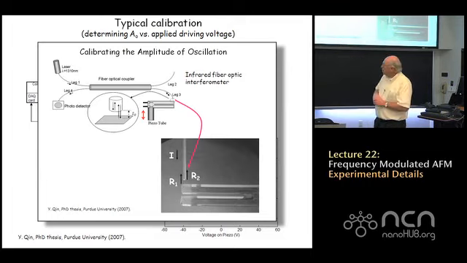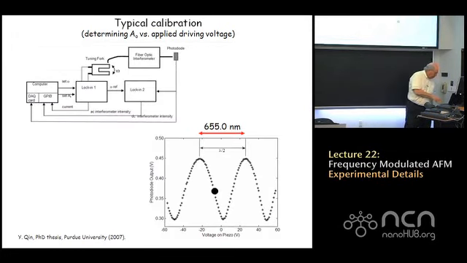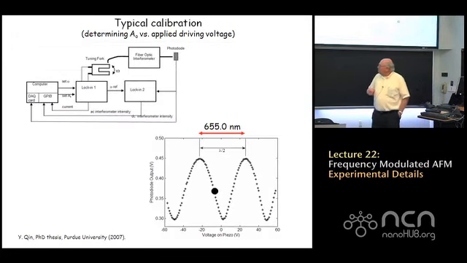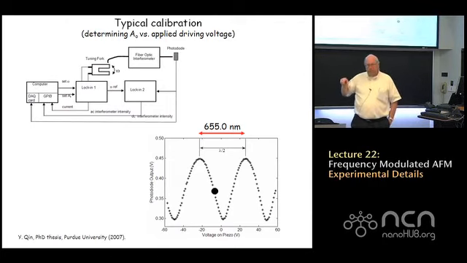And as you apply voltage to the piezo tube and you look at the voltage of the photodiode, you get a curve that goes through maximum and minimum. This is your interference minimum and maximum of the light that's reflected from these two surfaces, right?